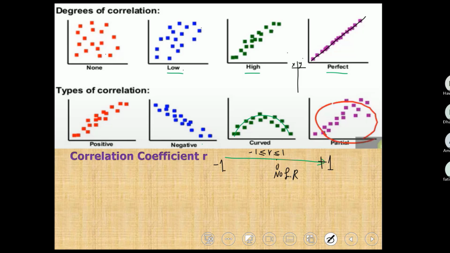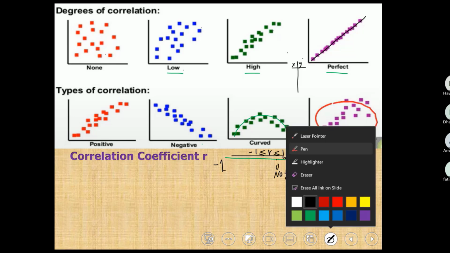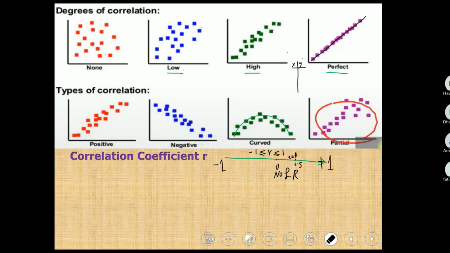Now, up to 0.5, you call it weak. If you go further, more than 0.5 up to 0.7, some books make it 0.75, but we'll go with our book's 0.7. In this case we call it moderate.